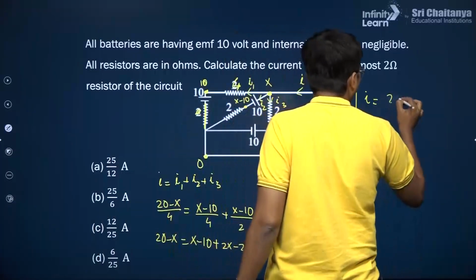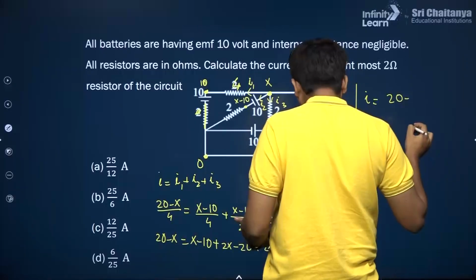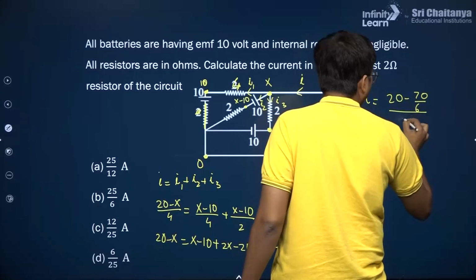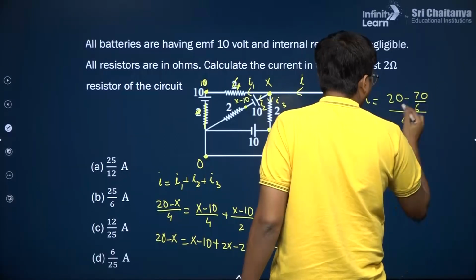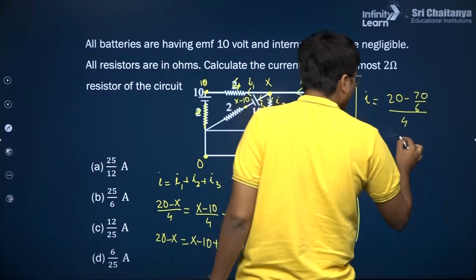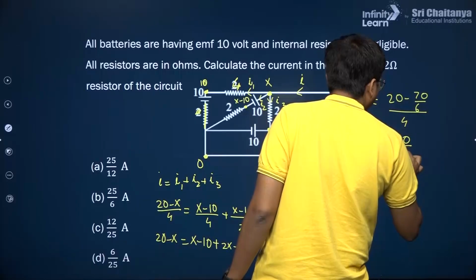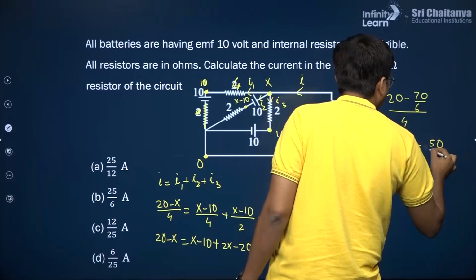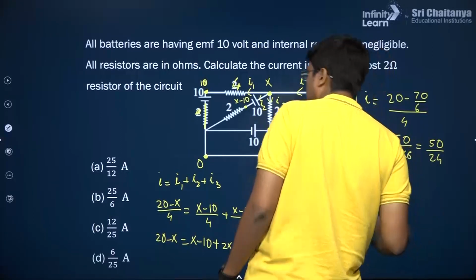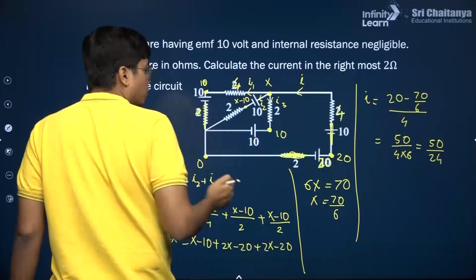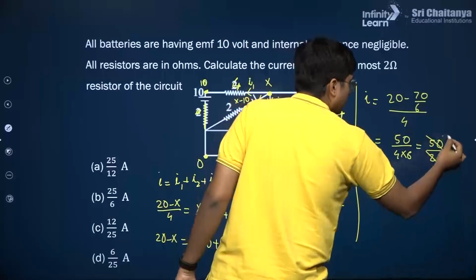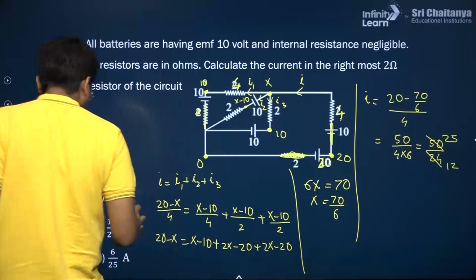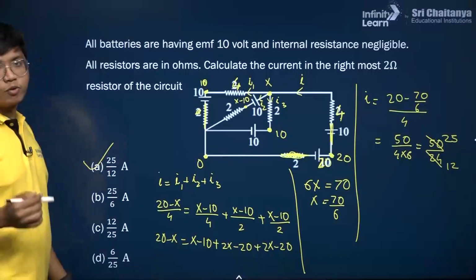So 20 minus 70 by 6, divided by 4, is equal to (120 minus 70) which makes it 50, divided by 4 into 6. So 50 by 24, and we can cut it even further, making it 25 by 12, because we have an option matching that. It is 25 by 12 amperes.